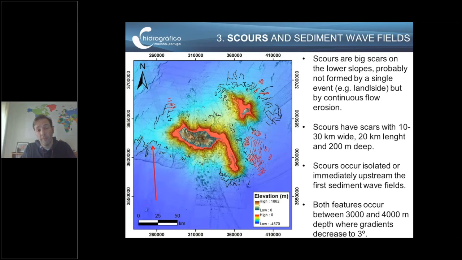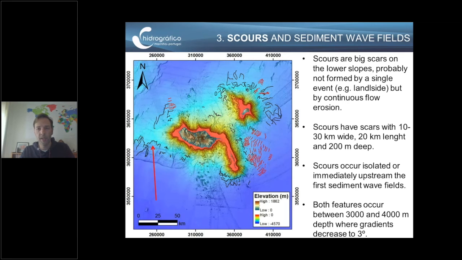Okay, so moving to a different subject, we will now look at the scours and the sediment wave fields that we see around Madeira. In black we have mapped the scours, and in red the sedimentary wave fields. The scours are big features that we see on the lower slopes, and they are probably not formed by a single event, by a landslide, but by continuous flow erosion.